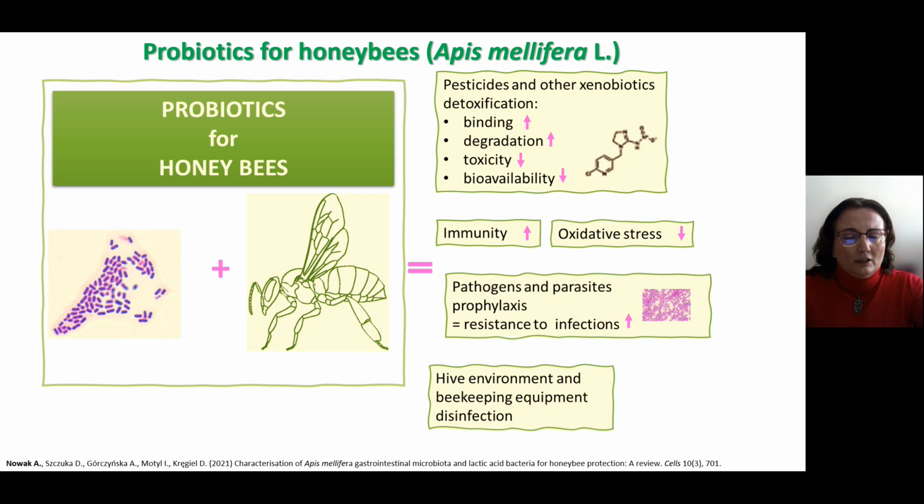Supporting honeybee organisms with probiotic bacteria can be used for biocontrol of some honeybee diseases. The use of probiotics in the detoxification of pesticides, including neonicotinoid insecticides, is also promising.